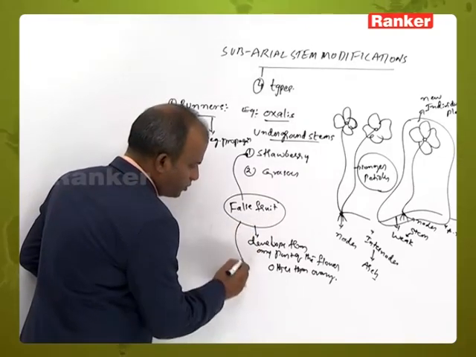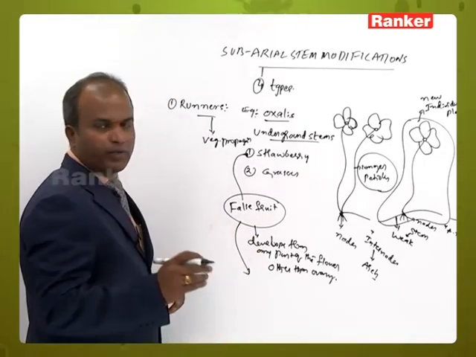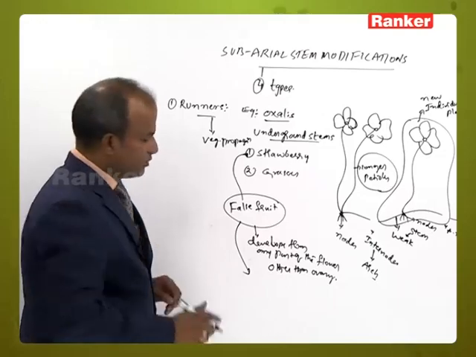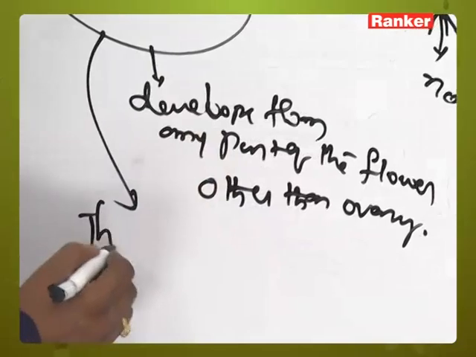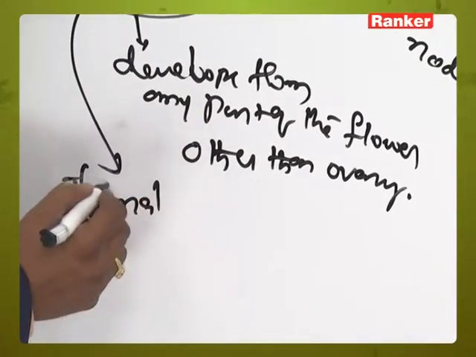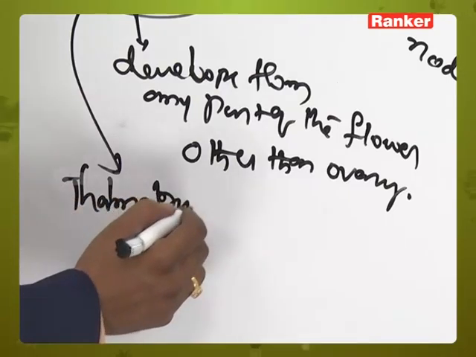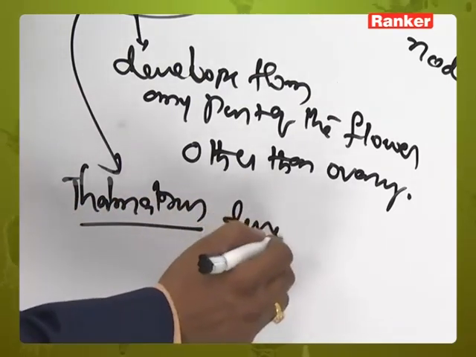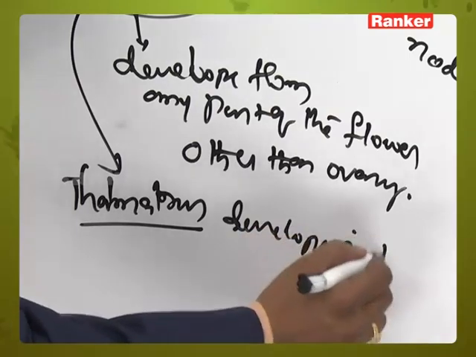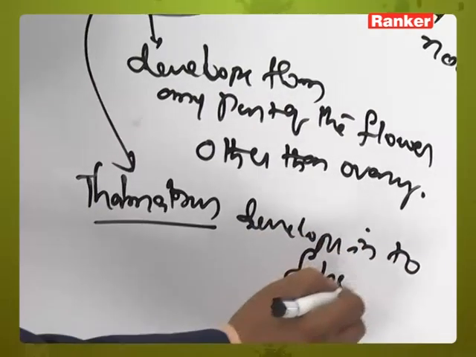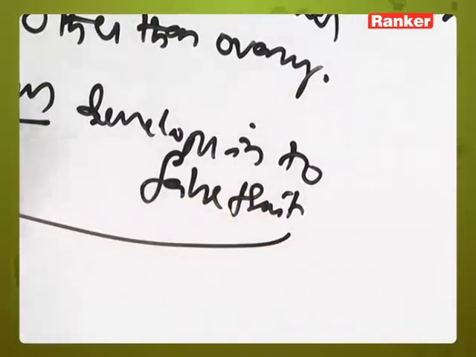Which part develops into a false fruit? The thalamus develops into a false fruit.